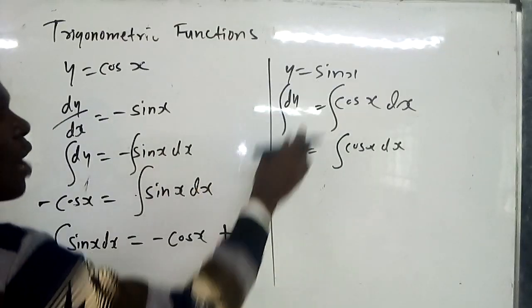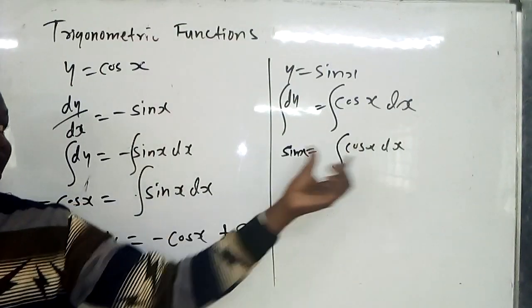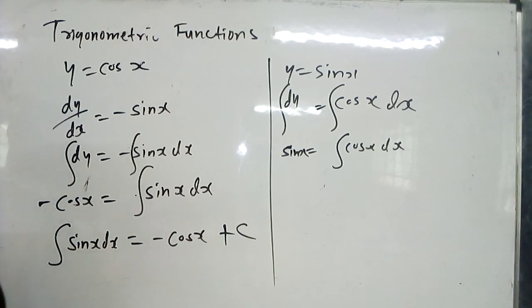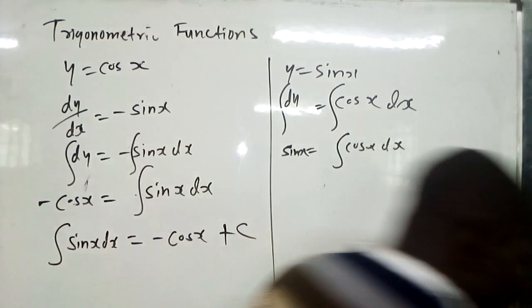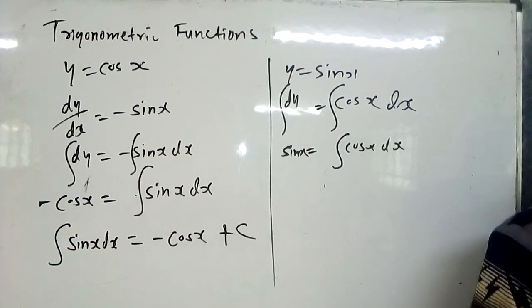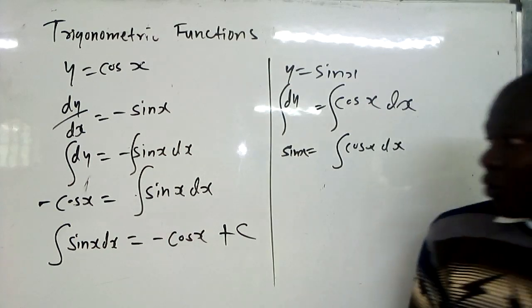But what is y? y is sine x. So it means when you integrate cos x, you're supposed to get sine x. Meaning when the sign was negative in differentiation, in integration the sign changes to positive. Are we together? Yes. Good.